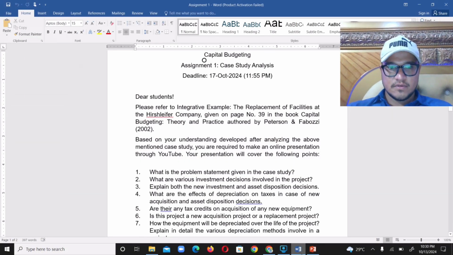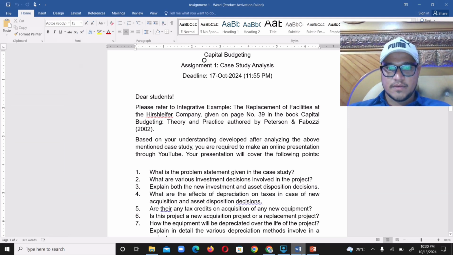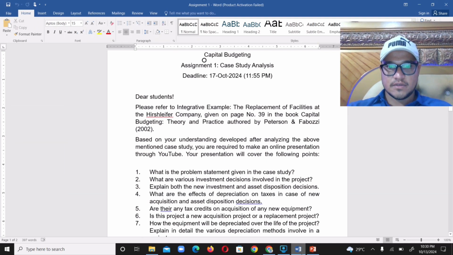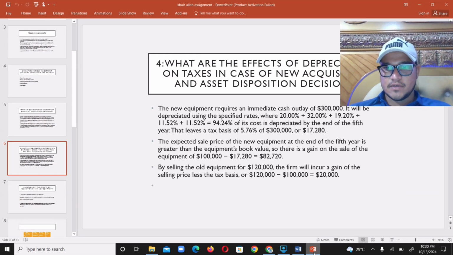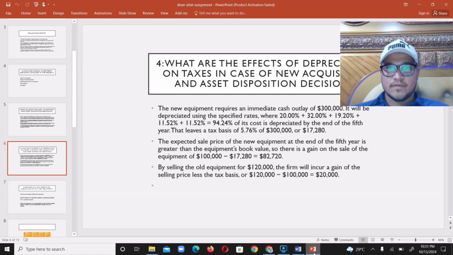Question number 4. What are the effects of depreciation on taxes in case of new acquisition and asset disposition decisions? The new equipment requires an immediate cash outlay of 3 lakhs. It will be depreciated using the specified rates: 20% plus 32% plus 19.20% plus 11.52% plus 11.52% again, which is equal to 94.24% of its cost depreciated by the end of the 5th year.